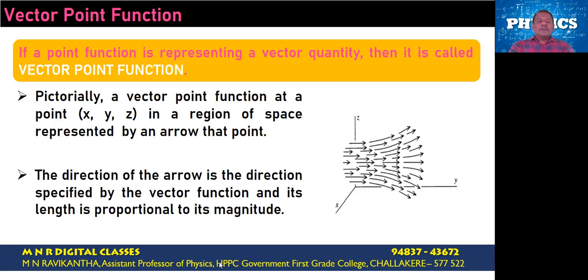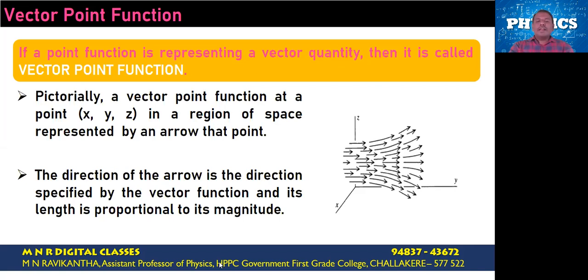The direction of the arrow is the direction specified by the vector function, and its length is proportional to its magnitude. Since a vector quantity has both magnitude and direction, if you want to know the magnitude and direction of the vector point function at a point, pictorially we draw an arrow such that its direction specifies the direction of the vector point function, and its length is proportional to the magnitude of the vector point function at that particular position.